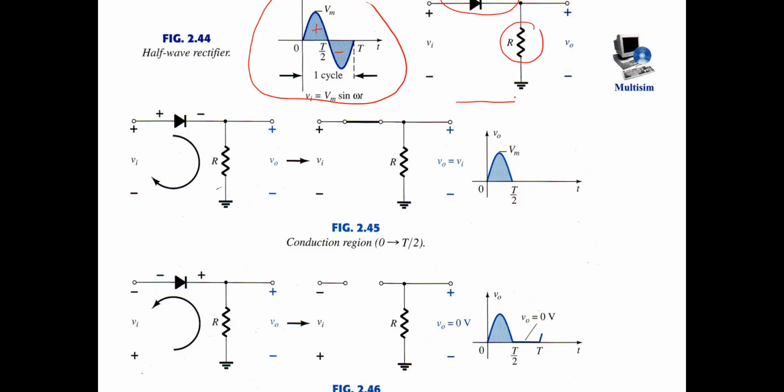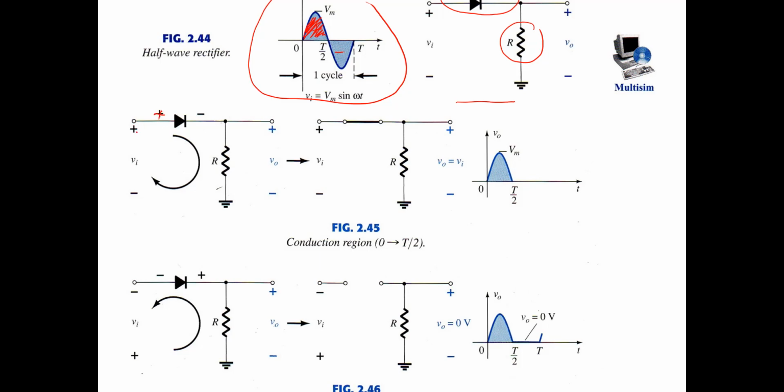First, when the input signal is a positive cycle, a half positive cycle, like I made up here. The diode is connected to the positive because the input is positive here.